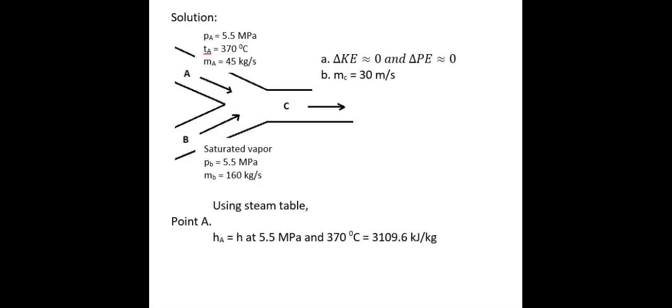Using the steam table, the enthalpy at 5.5 megapascal and 370 degrees Celsius is 3109.6 kilojoules per kilogram. For pipe B, the enthalpy is equal to the saturated enthalpy at 5.5 megapascal, which is 2789.65 kilojoules per kilogram.